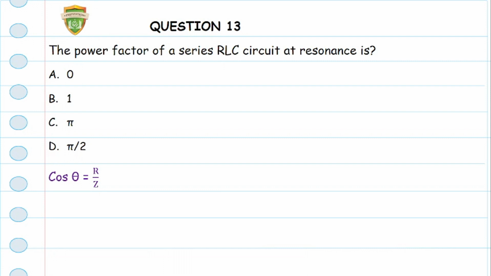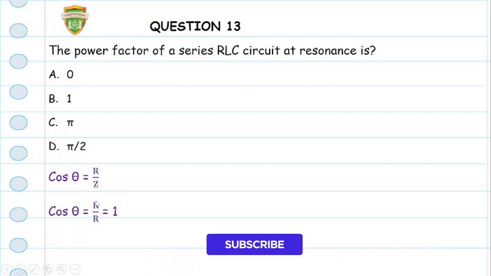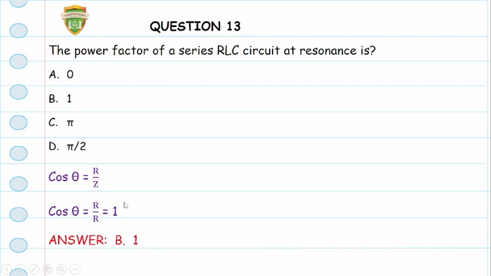The formula cos theta equals R over Z now becomes R over R, because the impedance is basically the resistance. That means our power factor is 1. So our option is B.